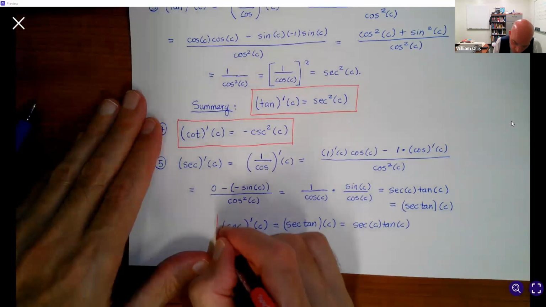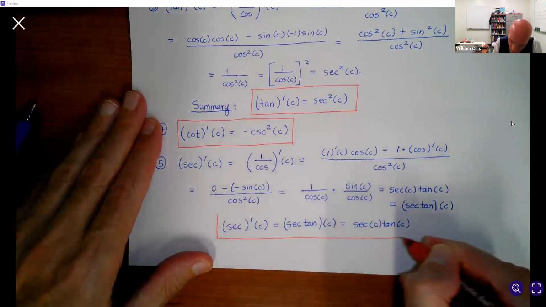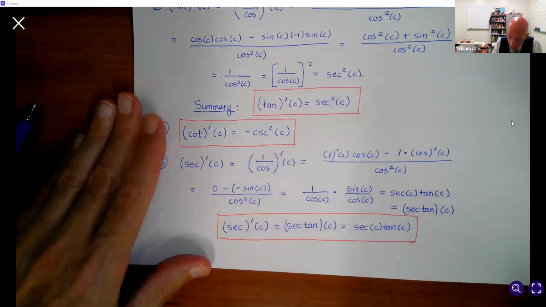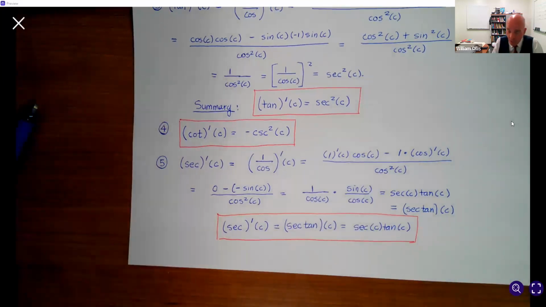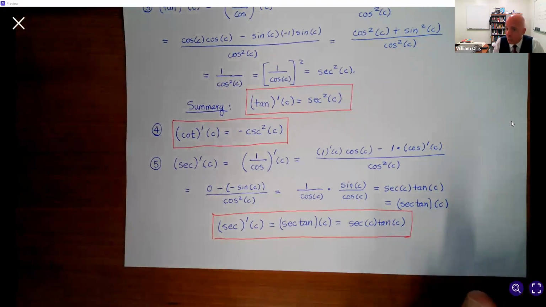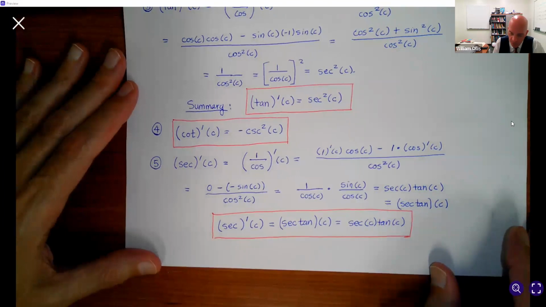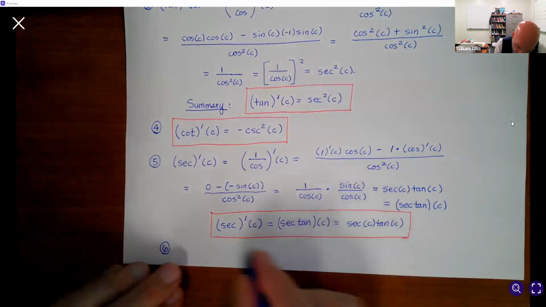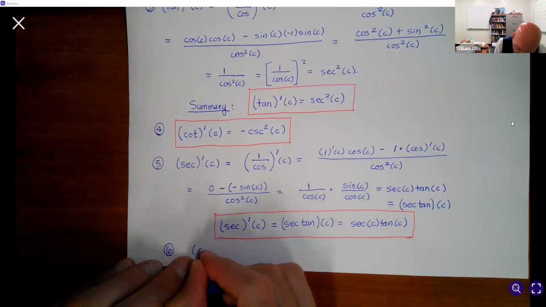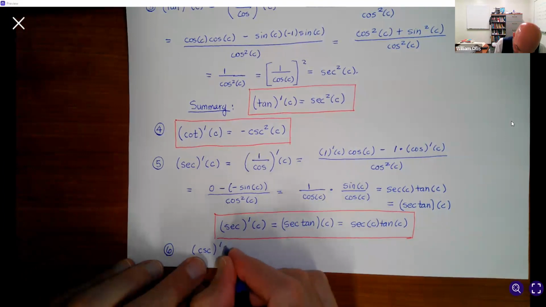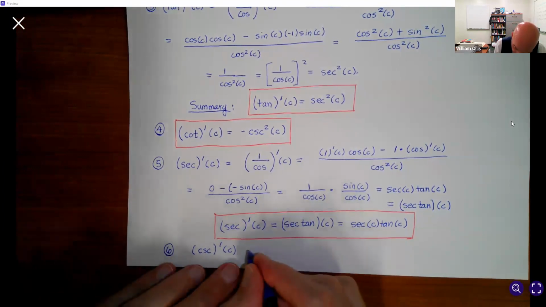So how you want to phrase these is really up to you. When you look in a lot of calculus books, many times the derivatives are written using a variable x, or they're written using a variable u if they're in an integral table, but very straightforward. Now, just to finish off the list, the derivative of the cosecant looks like this, but it has, of course, the additive inverse, which is not a surprise.